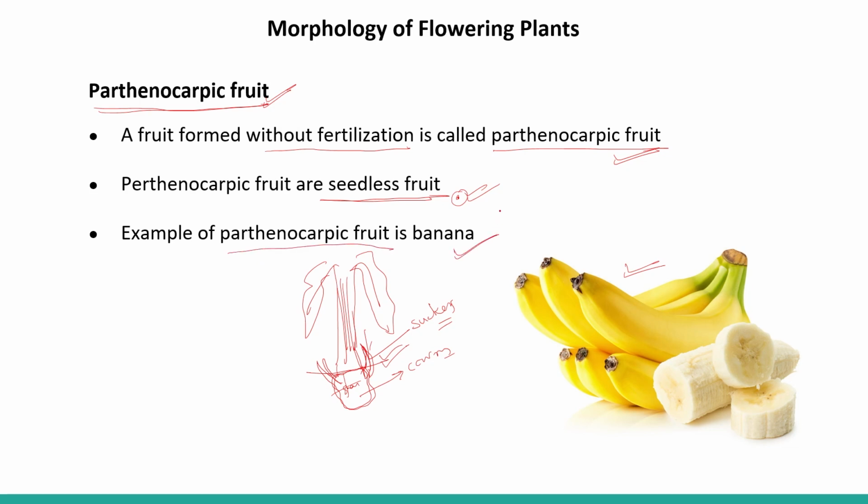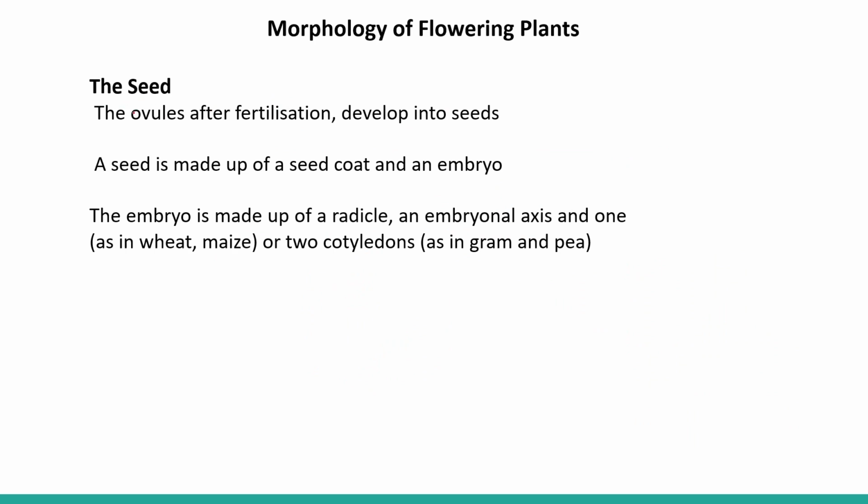Very important. The seed. Till here we have discussed the fruit. Now we are going to study the seed. The ovules after fertilization develop into seed. So where are the ovules? If you see the ovary, inside the ovary there is an ovule like this.